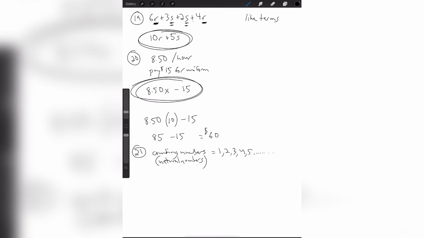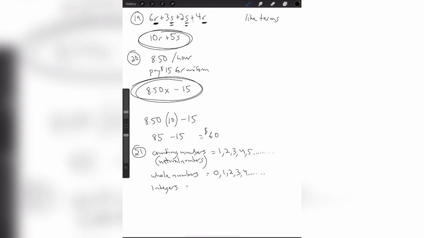So counting numbers. Then you have something called whole numbers. Whole numbers include all the counting numbers, but they start at 0 and work up. So 0, 1, 2, 3, 4, and so on. And then you have integers.